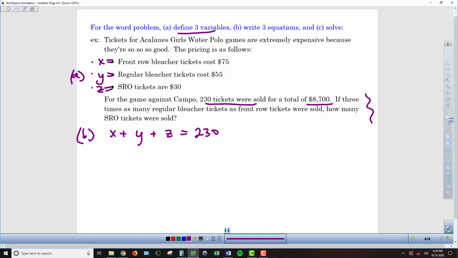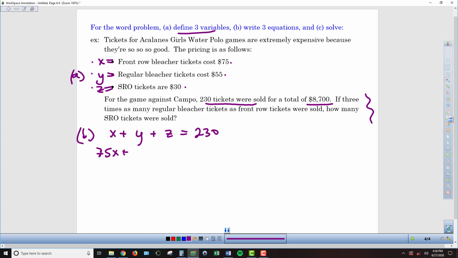Then we're going to factor in the information here about the total amount of money that was generated. So we collected a total of $8,700. Well, to figure out how much we collected from each type of ticket, that's where these costs are going to come in. So if I know that I sold X bleacher front row seats and they cost $75 a piece, that means the amount of money that I'm going to collect in those front row tickets is going to be 75 times X, $75 times the number of tickets we sold.